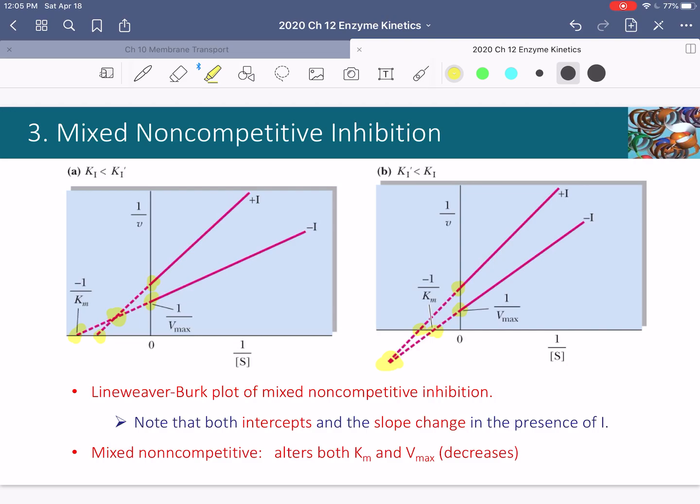A change in Vmax and Km with intersecting lines, because the slope is changing, is the hallmark of mixed non-competitive inhibition. It decreases both Km and Vmax, but the lines still intersect.